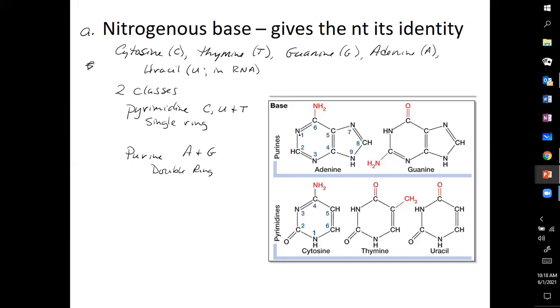So at this point, what I want you to know is the difference between purines and pyrimidines, and to be able to recognize which is which. The base is the thing that determines the identity. It's the thing that differs between the different nucleotides. That's why when we talk about nucleotides and base pairs in DNA, we talk about C's, T's, G's, A's, and U's. Although there is more to the nucleotide structure than just these guys.